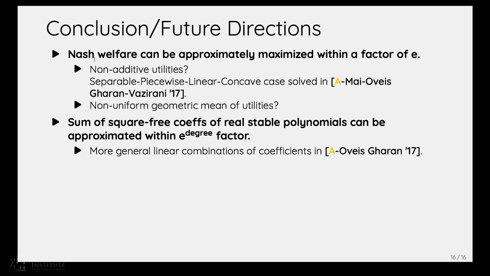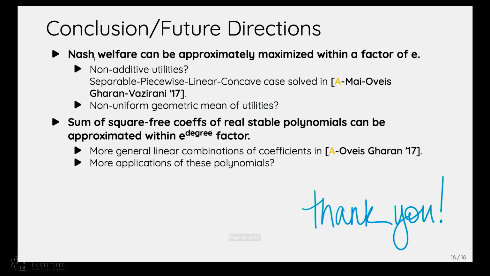Recently, with Shayan and Weiskaran, we have been able to generalize this result to more arbitrary linear combinations of coefficients of these polynomials. You can read that paper if you want. The big open question is, are there more applications of either this result or similar ones? And with that, I want to say thanks.